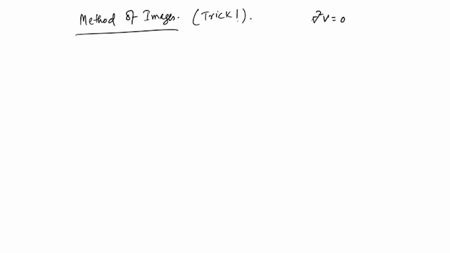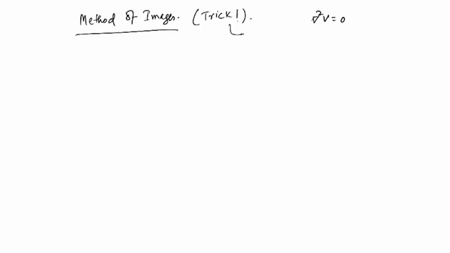Okay. So, you have found the solution. I mean, nothing more is required, and this is called the uniqueness theorem. So, that uniqueness theorem guarantees that the trick that you have applied is the right trick.